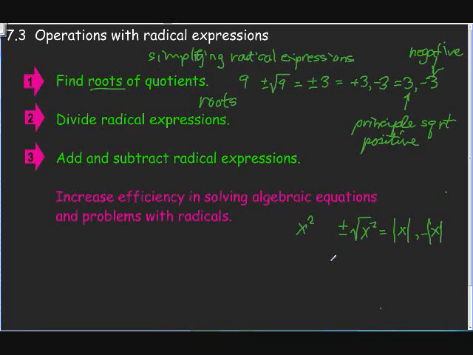Anytime you're asked to find a particular root, positive or negative, with a variable in it, you must be thinking about how do you make sure that the principal square root is positive. This only comes up when we've got a variable.